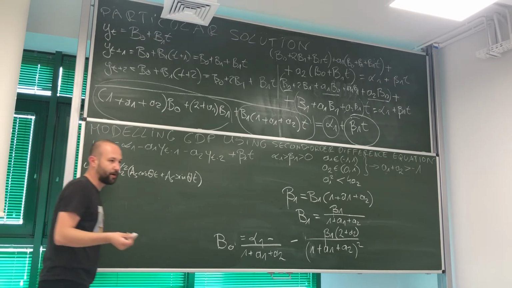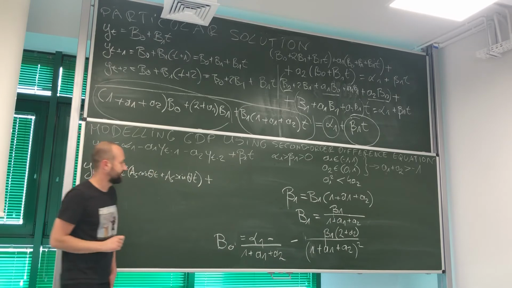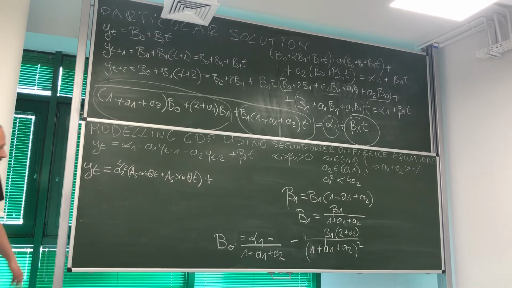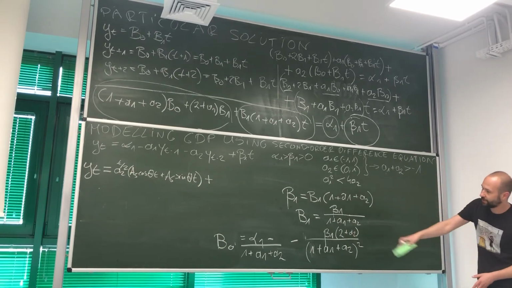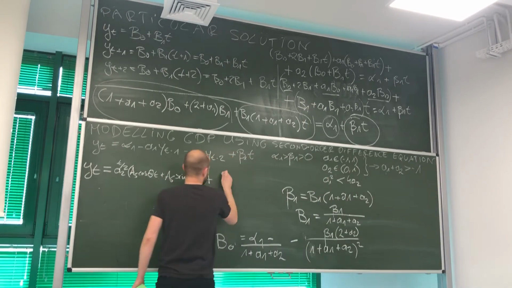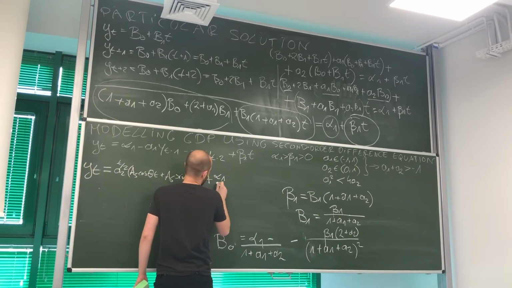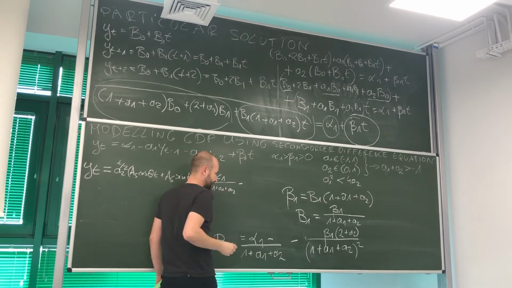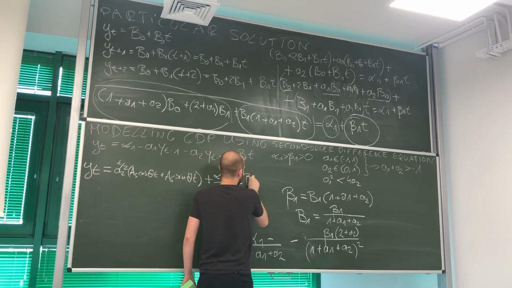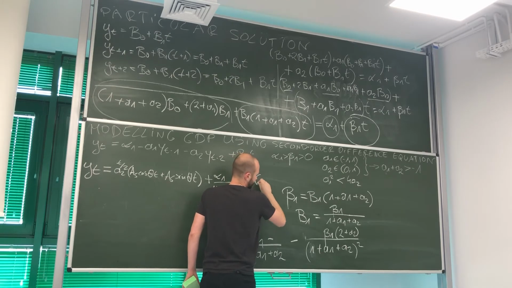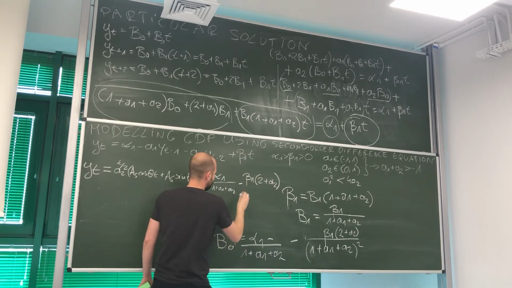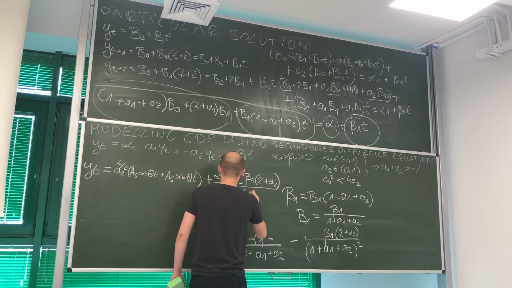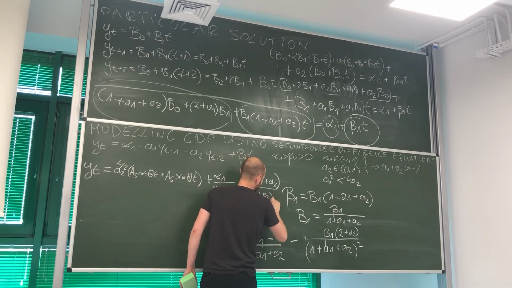Now, the second part, of course, is the particular solution. Now, this particular solution we got over here. First, we need to have a constant, and this constant is alpha 1 over 1 plus a1 plus a2 minus beta 1 times 2 plus a2 over 1 plus a1 plus a2 squared.